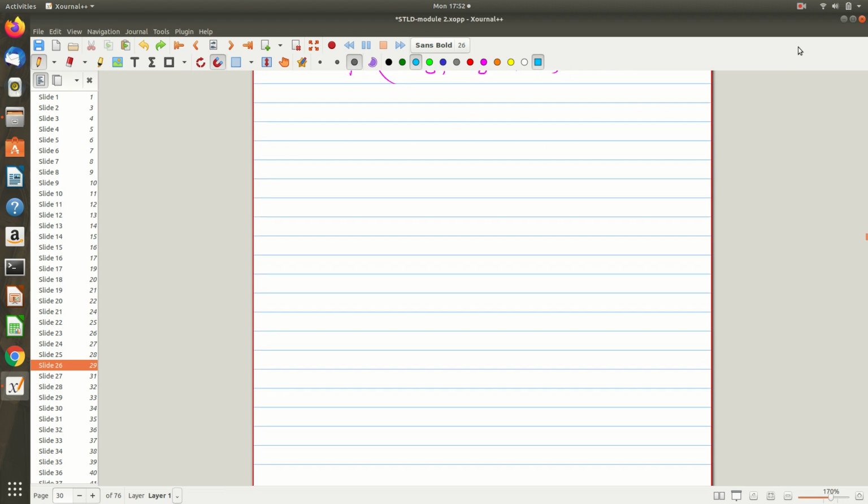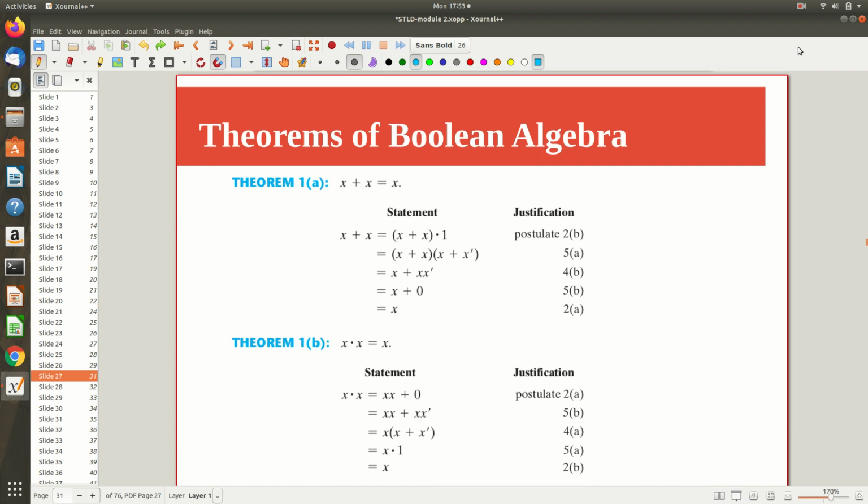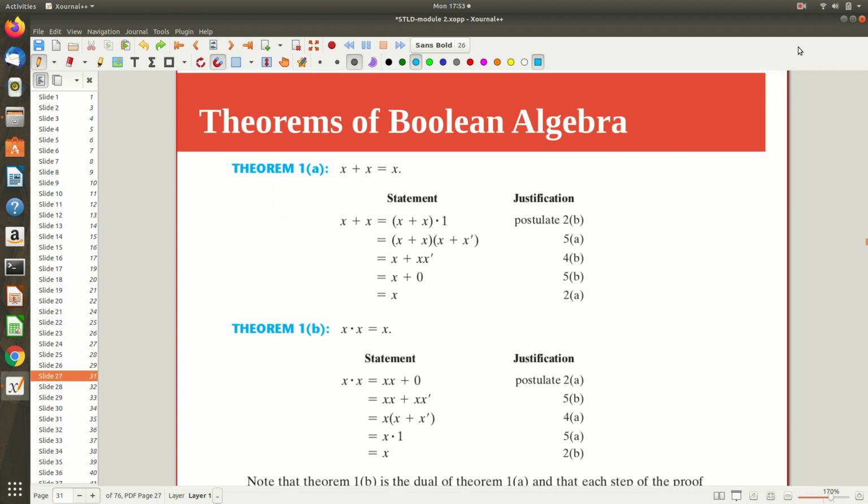Now we are going to see how to prove the theorems. We observed many theorems, and you know the proof by means of a truth table, which is a straightforward one. Can I have a different way of proving it? For some of the theorems I have taken the proof from the textbook itself. You can observe them, and later you can directly use them.